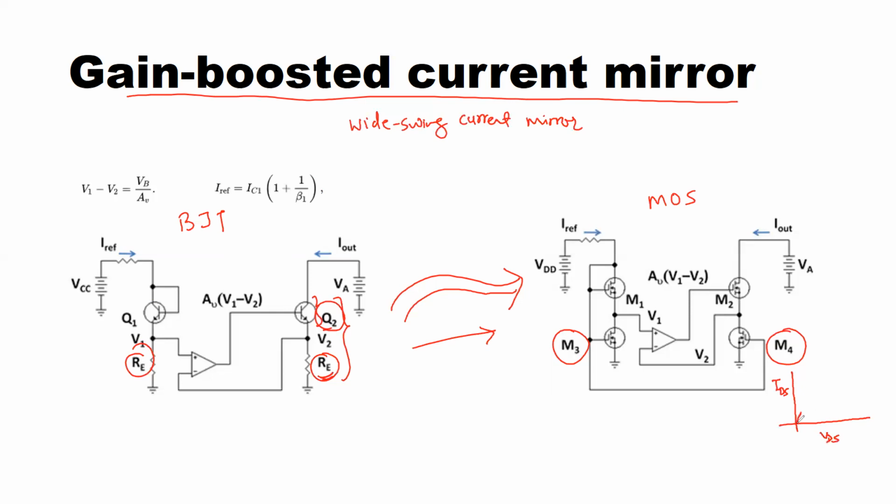You see, for the applied gate to source voltage, your current rises linearly with respect to VDS, and after that it is going to get saturated. But the region to the left of this line, where you have this linear curve, is called the triode mode of the MOSFET, where M3 and M4 can act as a resistor, which is the replacement for the REs here.